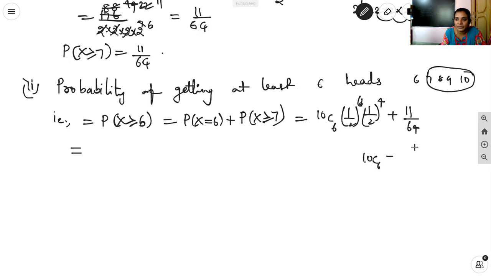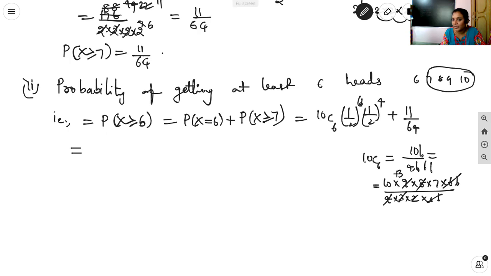10C6 is equal to 10 factorial by 4 factorial, 6 factorial. It is 10 into 9 into 8 into 7 into 6 factorial by 4 into 3 into 2 into 6 factorial. 6 factorial cancel. 4 2s are 8, 3 1s are 3, 7 3s are 21, 21 10s are 210.